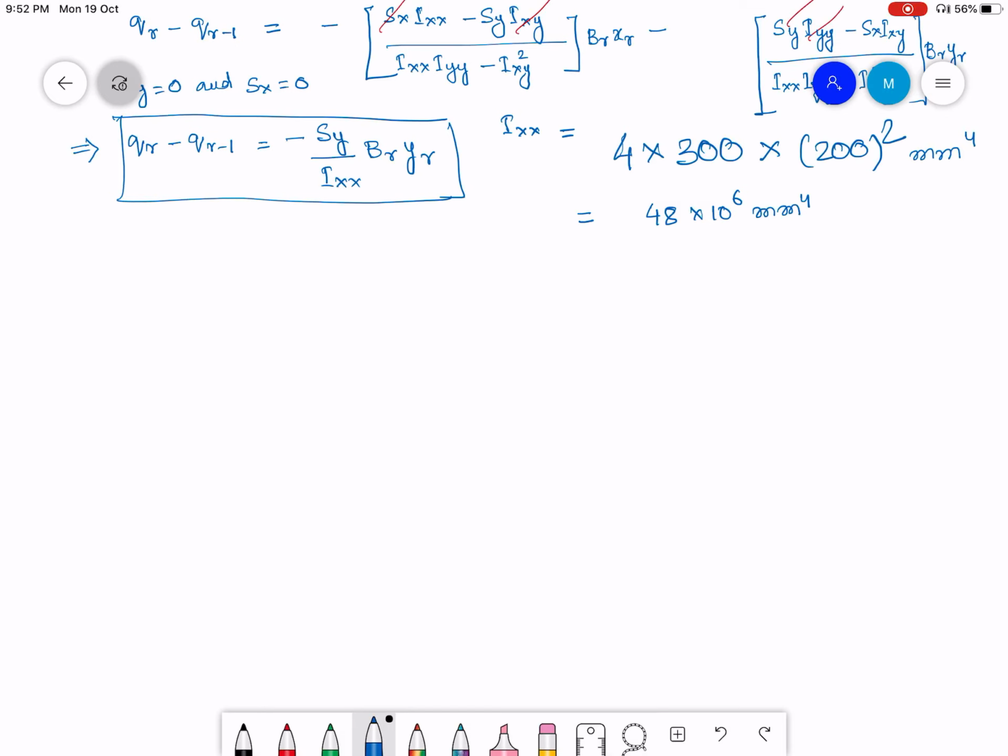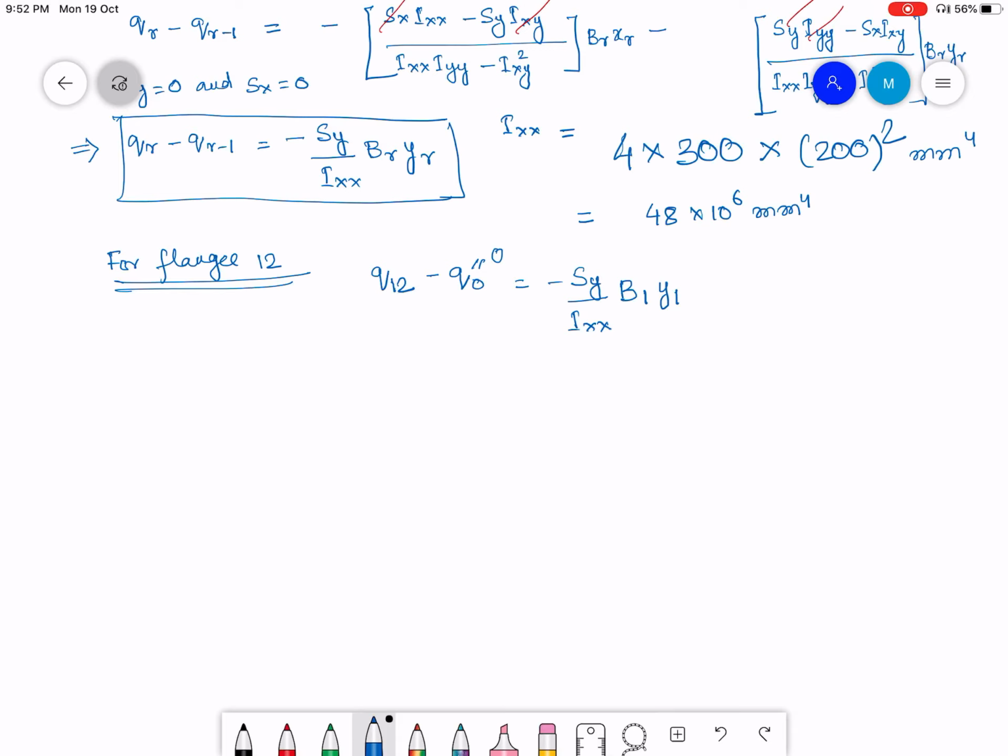Okay, so now let us look for flange 1 2. Q12 minus Q0, and Q0 is going to be 0 because we are starting from the free end. So Q12 is going to be minus Sy by Ixx into B1 into Y1.